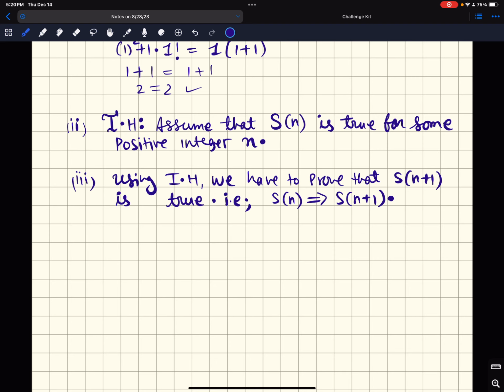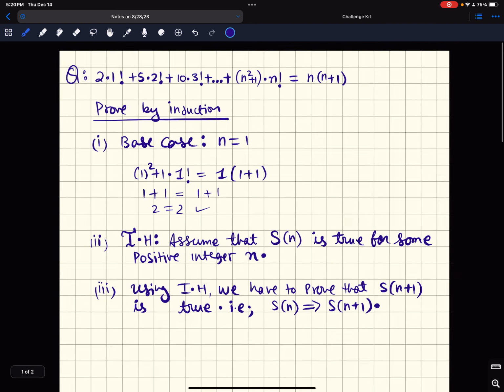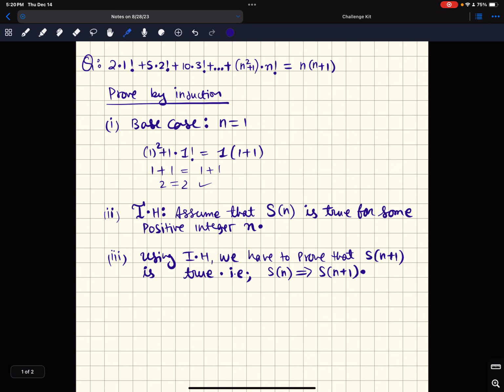Now, usually these kinds of questions come up in summation form. So what do you do then? Well, when it comes up in summation form, always try to expand it. Expanding should be your first step, and everything else should be your next step.